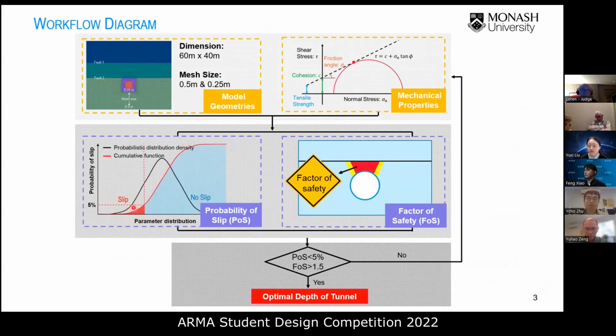The red area indicates the cases in fault slipping state, and the area in blue indicates the stable fault cases. The contour of FOS shows the areas in red has a low FOS value, which means a comparatively unstable state than other areas. We take both 2 stable index to check if they meet the requirements or not. And if not, we will go back to the initial modeling state, changing the input parameters till we find the optimum design.